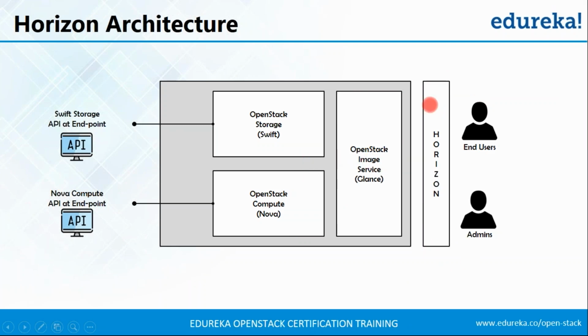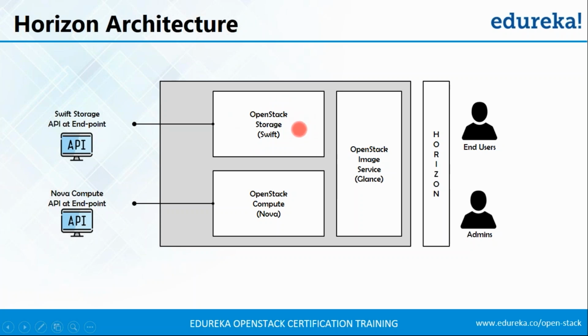So we've got this dashboard, Horizon, which is directly connected to the image service, Glance. It means that with Horizon you can directly go and launch instances. And when you launch an instance, if you want to store something, it will route you to OpenStack storage, which is Swift.